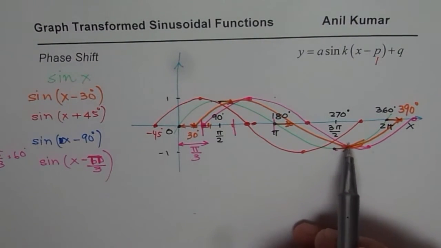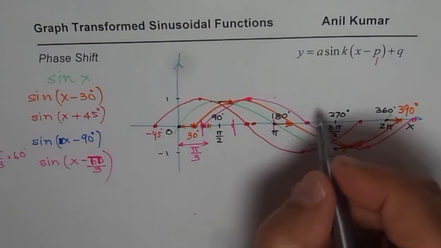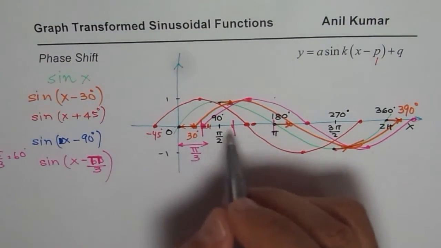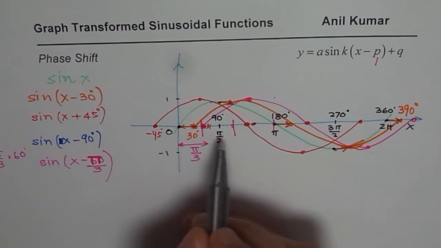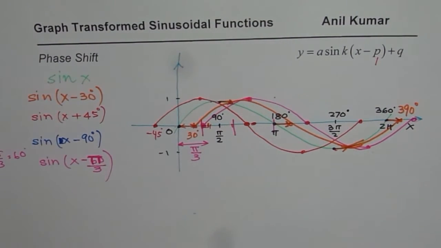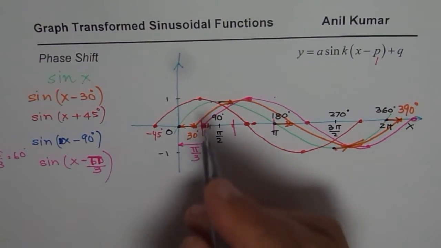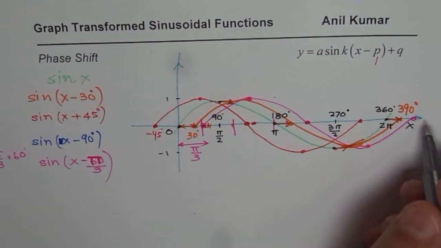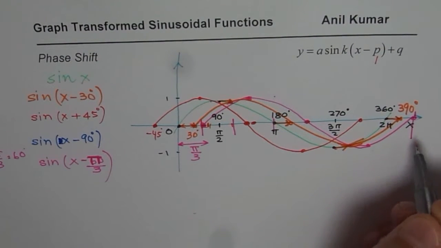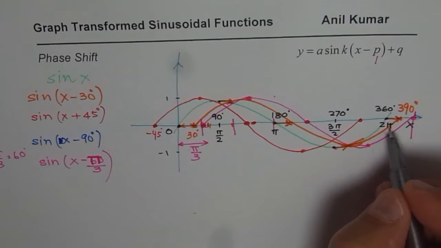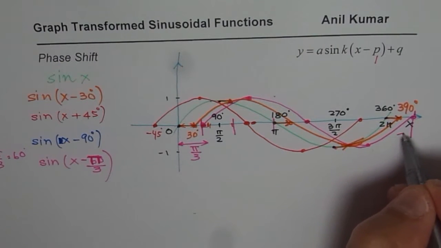So anyway, what I'm trying to say here is that for the sine wave, when we have a phase shift of pi by 3 to the right, each and every point which we are discussing moves pi by 3 to the right, and you have a wave which starts from pi by 3 and ends at 2 pi plus pi by 3, right? So 2 pi could be considered as 6 pi by 3, plus pi by 3 will be 7 pi by 3.